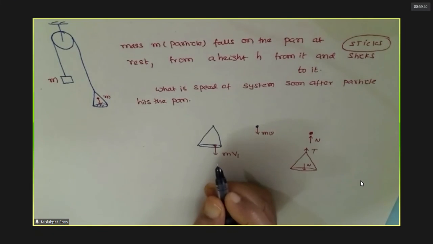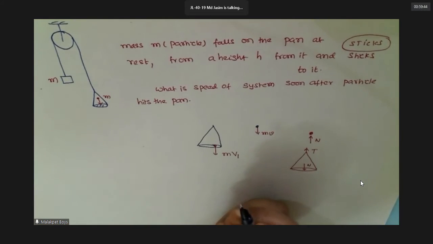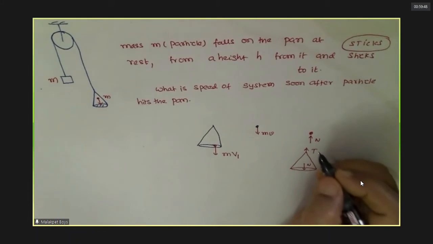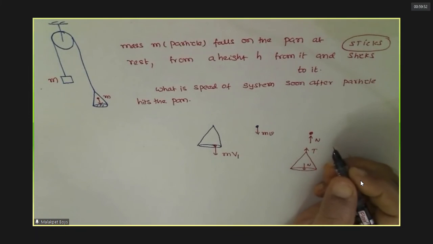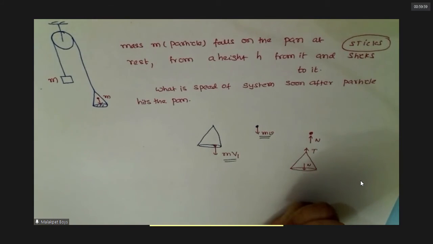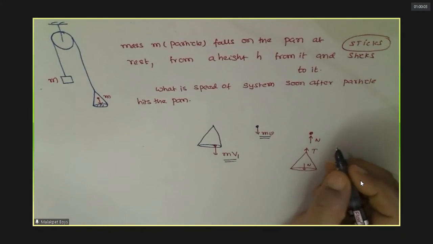It just falls. How much time will it take to come to rest? Very less. The normal reaction is created in a short interval of time. Suddenly, due to that impulse, the momentum of the particle is changing or not? From here to here it is changing. That means this normal reaction is an impulsive force or not?